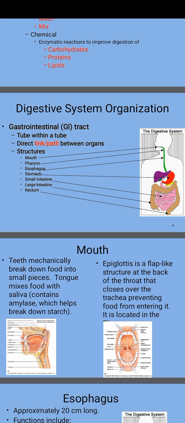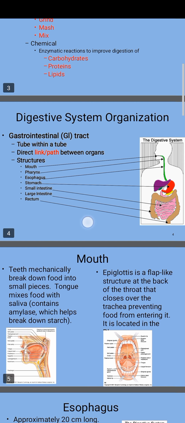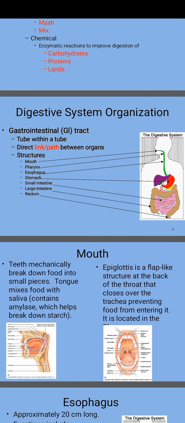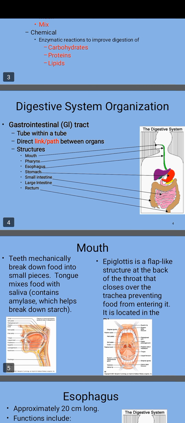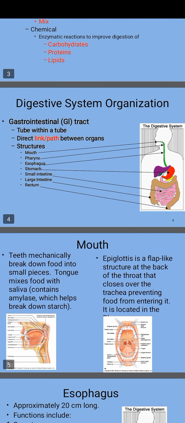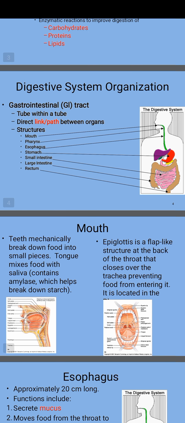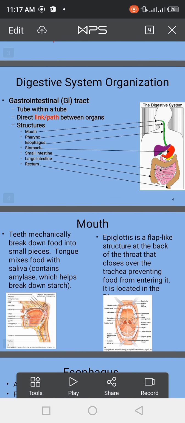Now I'm going to show you the diagram on the fourth slide. They have given arrows to help understand all these processes. Now I'm going to tell you about this whole process.